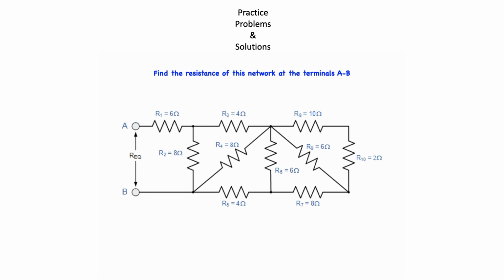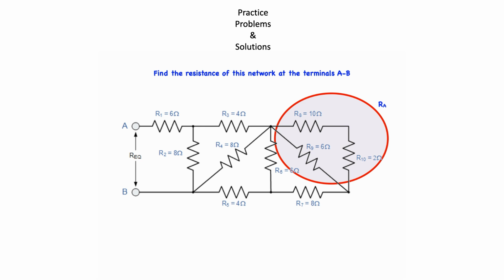the equivalent resistance of R8, R9, and R10 combination, and let's call it RA, which can be replaced by one resistor, which is equal to R8 in series with R10, which are in parallel with R9.